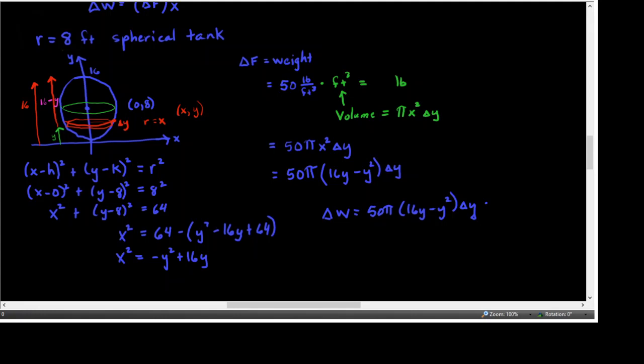Well, we already established that we're moving it 16 minus y units from its current location to the top of the tank. And so our integral for this will be, if we add up infinitely many of those disks of oil that are being moved to the top of the tank, the work that we do will be the integral of that expression, 50 pi times 16y minus y squared times 16 minus y, and then the delta y becomes dy.